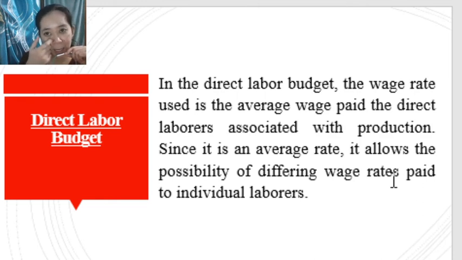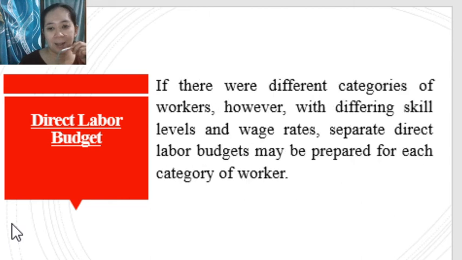So in this case, if there are a lot of workers that have different salaries and wage rates, then normally they will use the average rate paid for the direct laborers, to simplify the preparation of the direct labor budget.